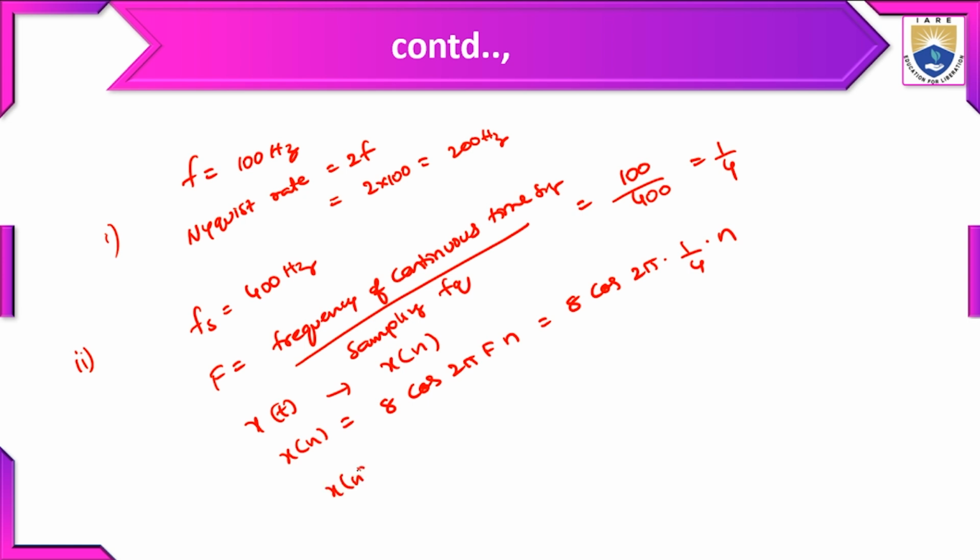So finally my x of n is 8 cos pi n by 2. This is the discrete one. For a given sampling frequency 400 hertz, we got the discrete time signal 8 cos pi n by 2.